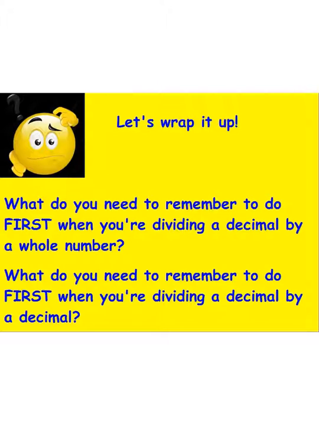The second thing to remember is, when you're dividing a decimal by a decimal, the first thing you have to do is, and I hope you just said, make that divisor a whole number, so you're going to move the decimal in the divisor as many times as you need to the right, but then you're going to do the same thing in the dividend. Move it however many times you did in the divisor, move it that many times in the dividend, and then you're going to rewrite the new problem because you will have a new problem at that point.